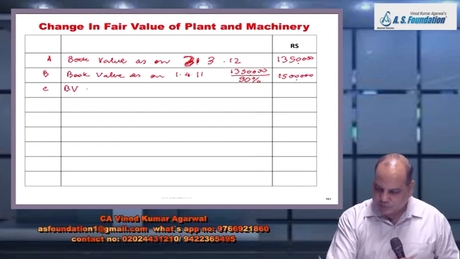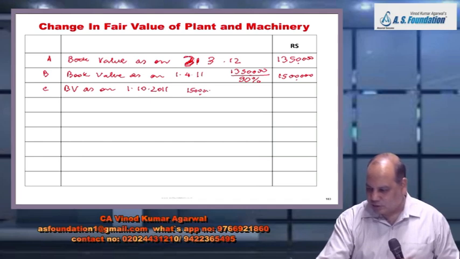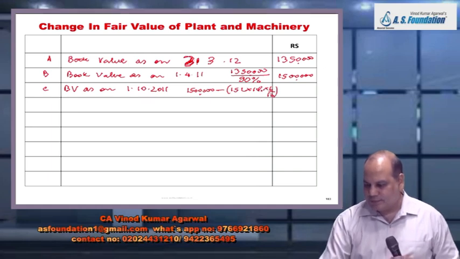Then you write one more thing, book value as on 1st October 2011: 15 lakh minus 15 lakh into 10% into 6 by 12.